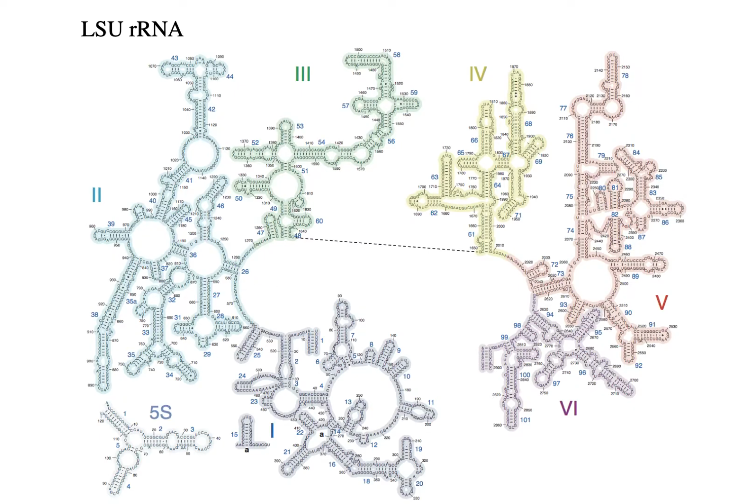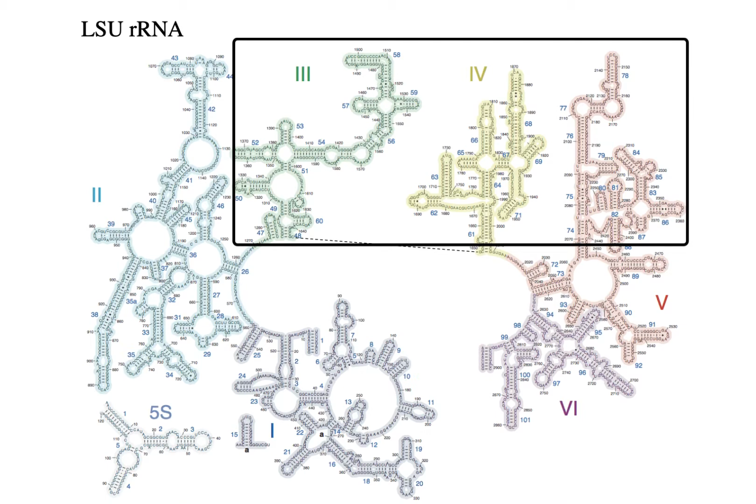The large subunit can also be split into several domains. Here's 1, 2, 3, 4, 5, and 6. And then here's the 5S that attaches to a part of the large ribosomal subunit also. Most of these regions are for attachment to other molecules, other RNAs and proteins.